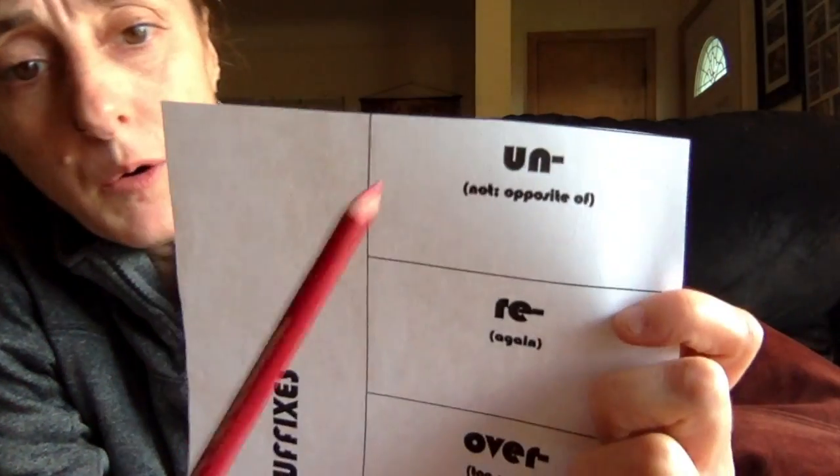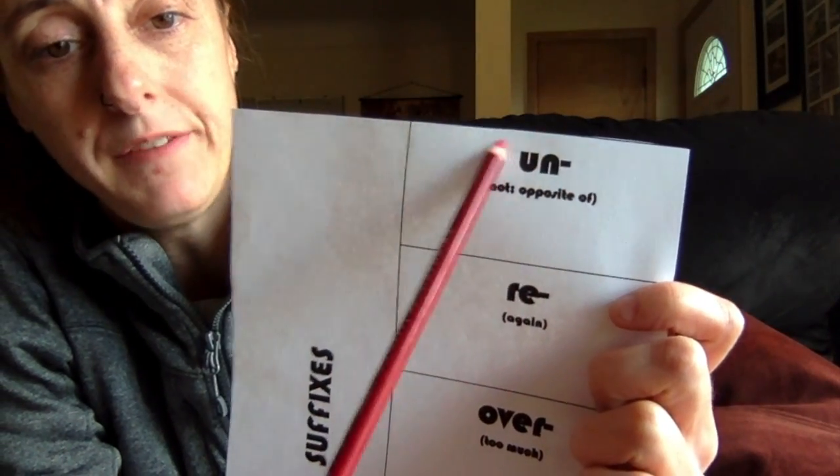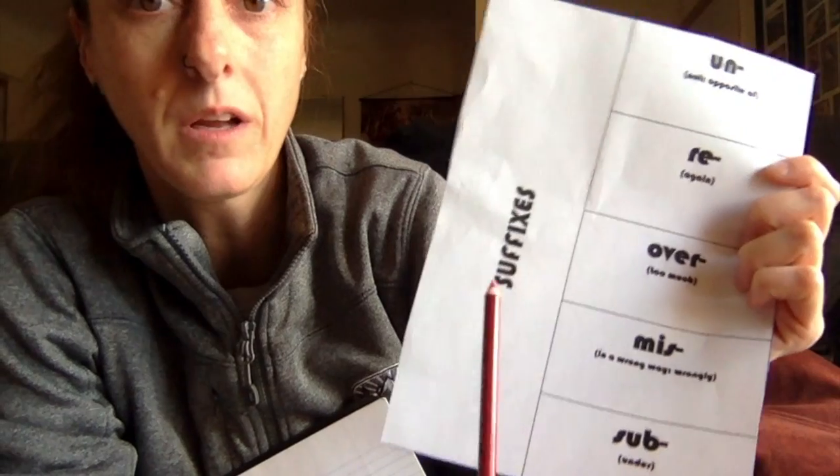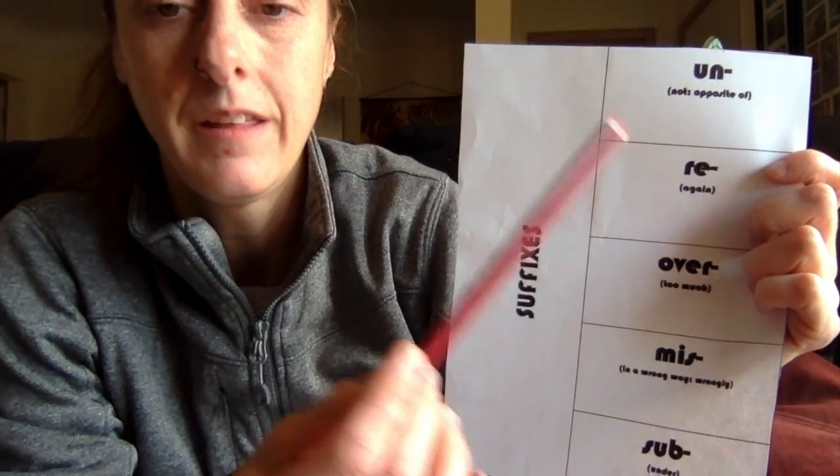So un is a prefix, not a suffix, because it comes at the beginning of words, not the end. Something that would come at the end of a word would be like ness, as in happiness. The ness in happiness is a suffix.